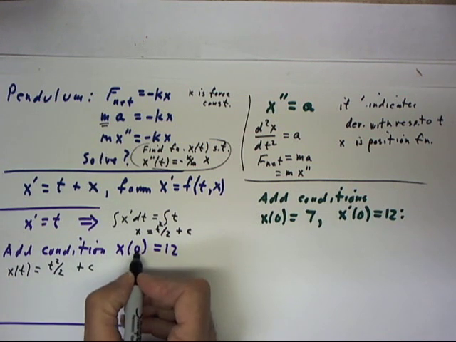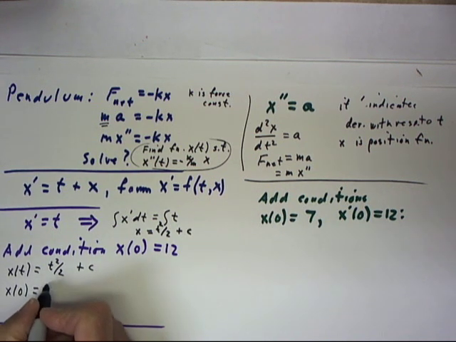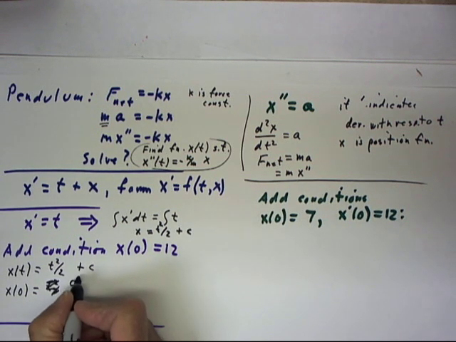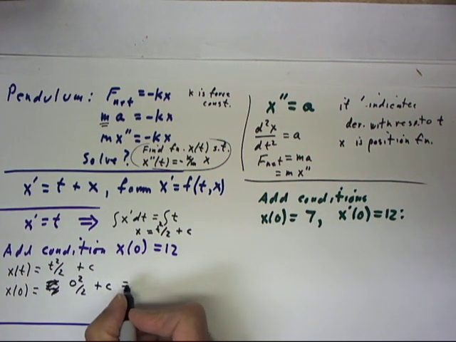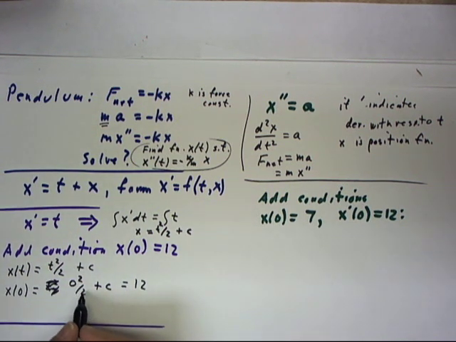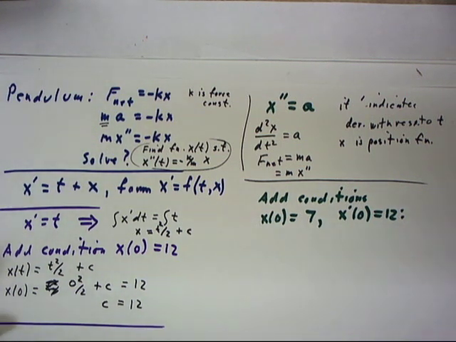So plugging in 0 for t, we get x of 0, and that's equal, of course, to 0 squared over 2 plus c, and that should be equal to 12. Of course, 0 squared over 2 is 0, so this tells us that c equals 12.